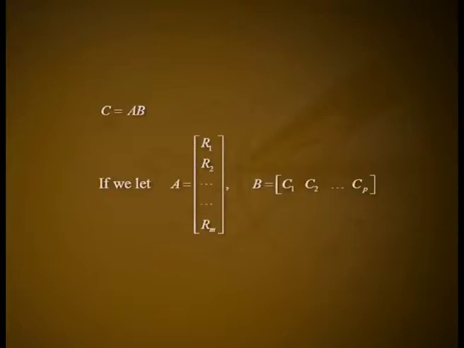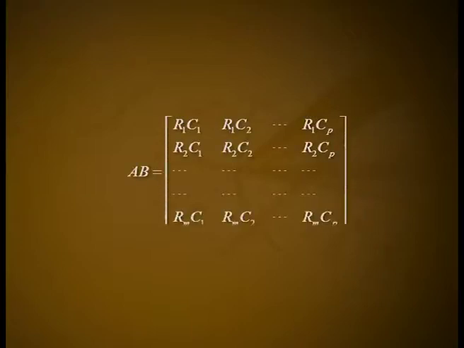If we let A be the column matrix R1, R2, ..., Rm, and B = C1, C2, ..., Cp, then AB has entries R1C1, R1C2, ..., R1Cp, R2C1, R2C2, ..., R2Cp, ..., RmC1, RmC2, ..., RmCp. This representation of the matrix AB shows that if the columns C1, C2, ..., Cp are subjected to an elementary column transformation, then the columns of AB are also subjected to the same column transformation. This completes the proof.